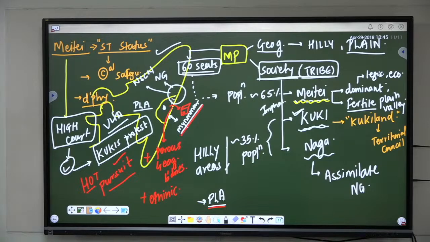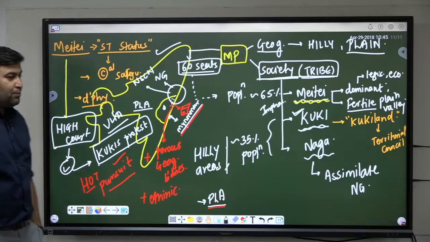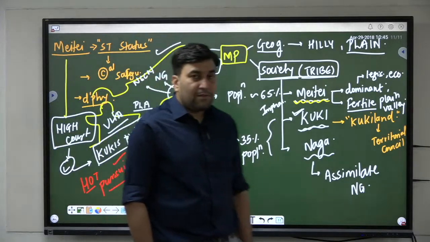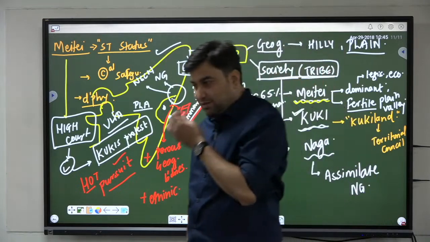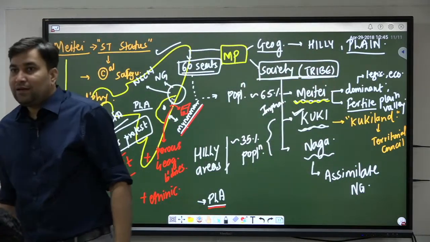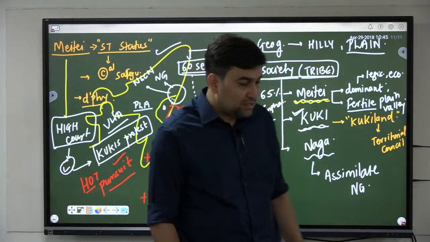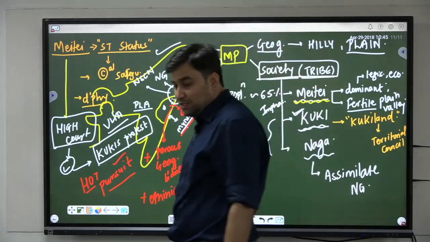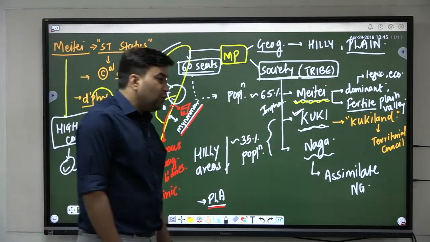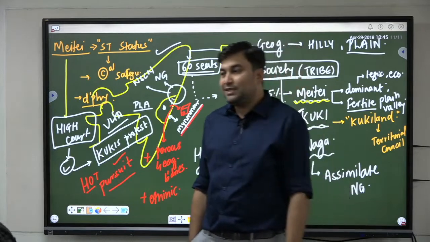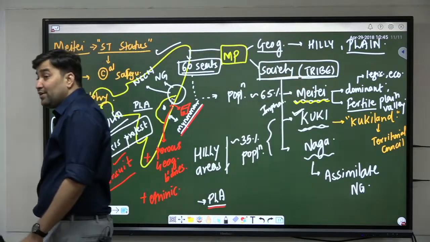Second, gradually their population is marginalized, from 59% in the 1951 census to 44% in the 2011 census.